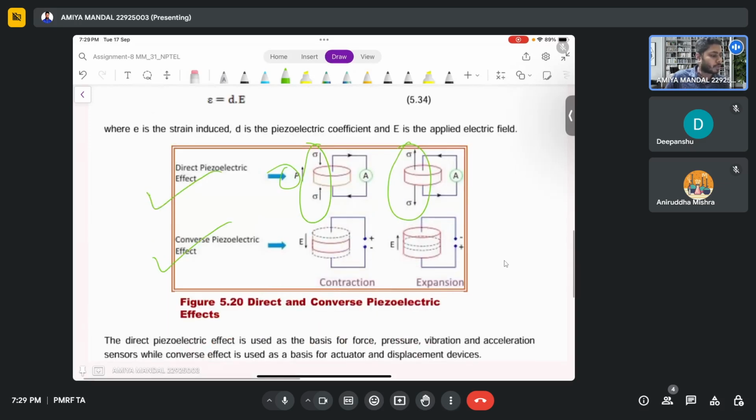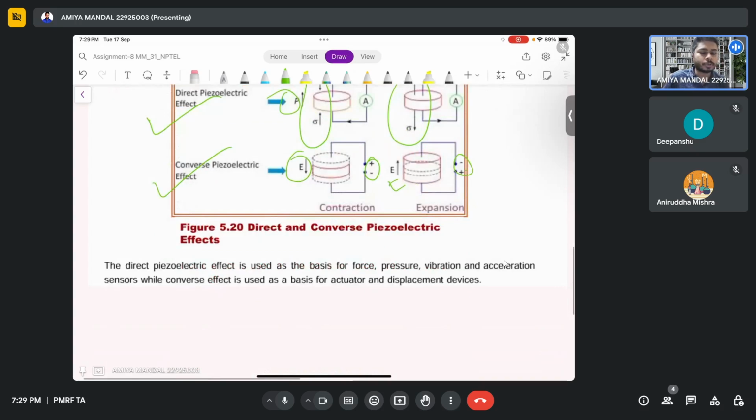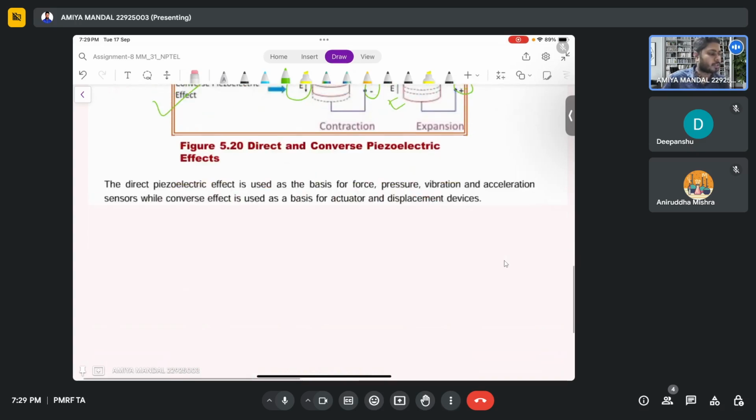In the converse piezoelectric effect, we apply a field and create opposite charges. So that's the major difference between direct and converse piezoelectric effect for force, pressure, vibration, and acceleration sensors.